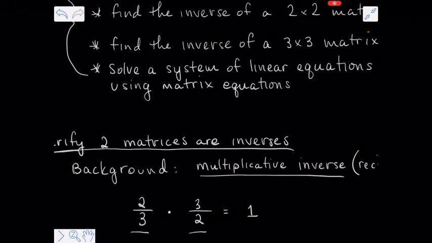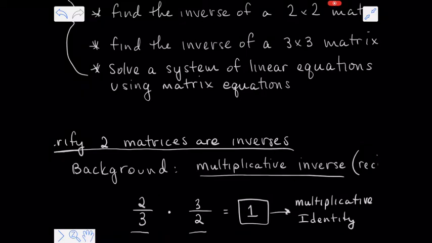Now 1 is referred to as a multiplicative identity. 1 is known as the multiplicative identity.